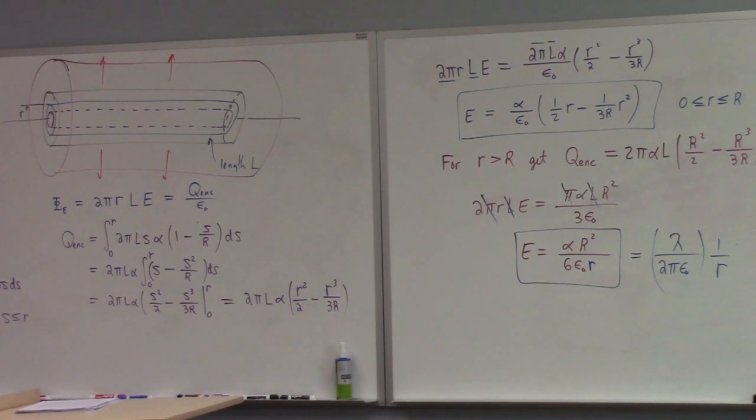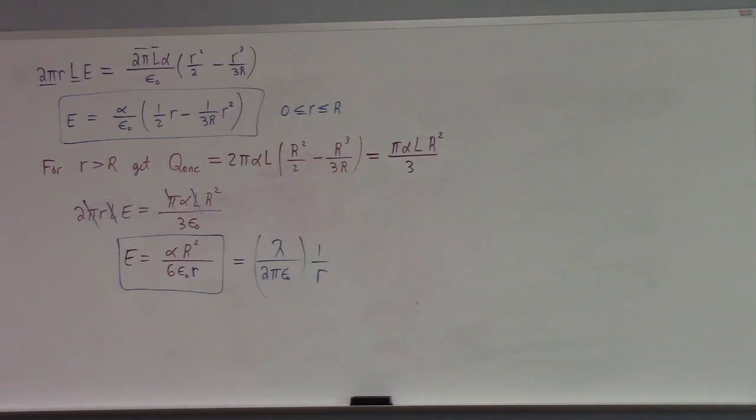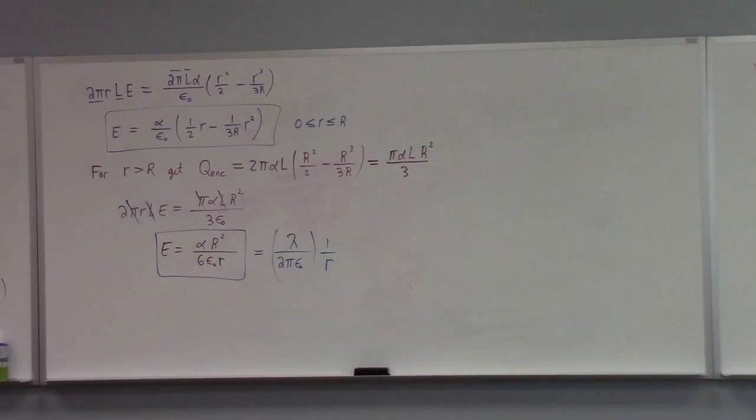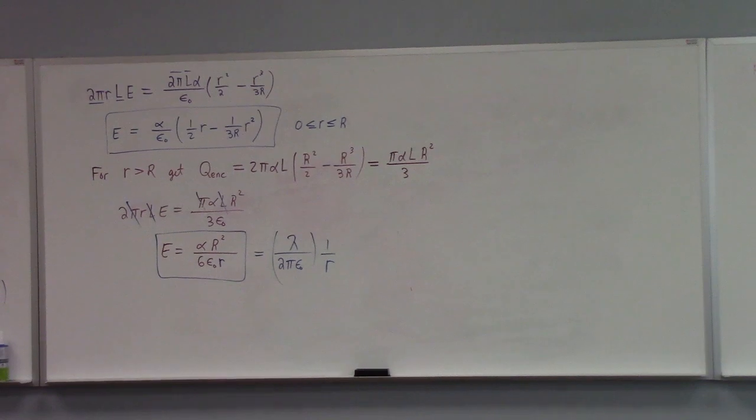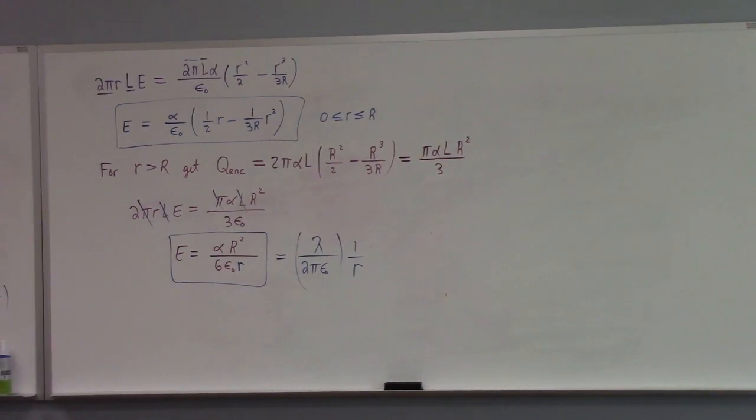Right, so I don't need to do the integration when the charge density is uniform. If the charge density is uniform, then we end up not needing to do an integration. But if the charge density is not uniform, then pretty much we're going to have to do an integration to figure out the charge enclosed. That's pretty much the difference.